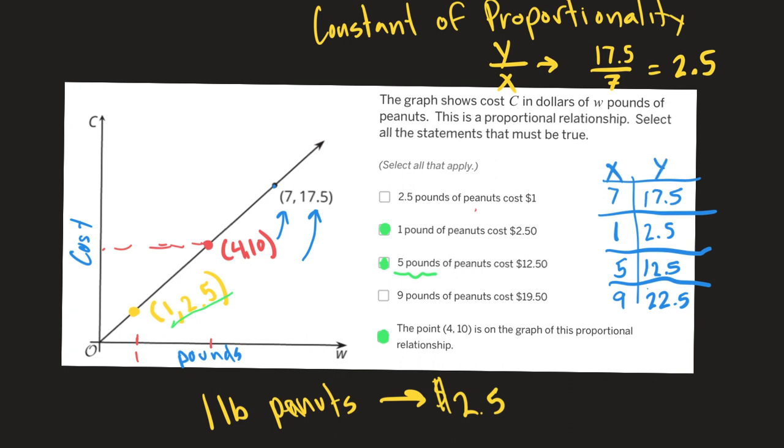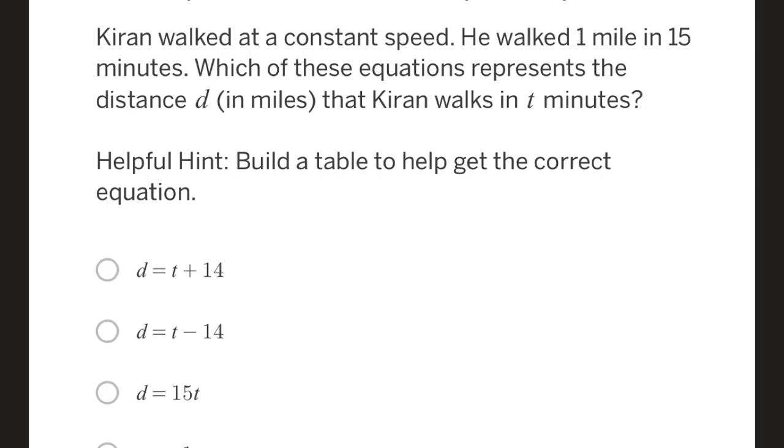So another way to organize the information if you needed to. Okay, I might have skipped a slide, I'm not sure, but if I did, go on to the slide that is on the screen right here so we can talk about it. We want to decide which one of these equations represents a proportional relationship. So Kieran walked at a constant speed.